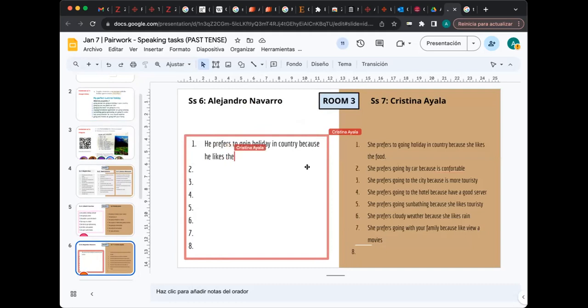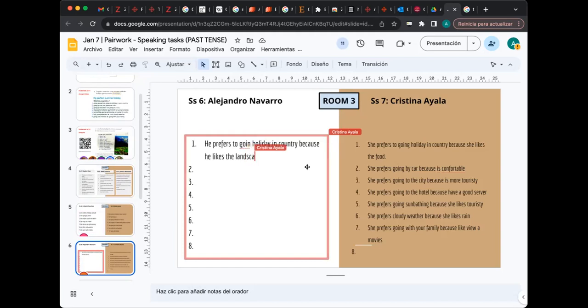Paisaje. Landscape. No, no. Falta la D. Landscape.